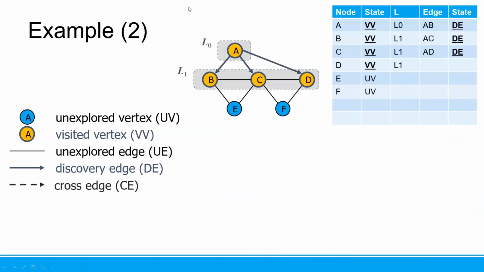So we have A to B, A to C, A to D. AB has been explored, AC has been explored as a discovery edge, AD is a discovery edge, and B, C, and D are in the L1.